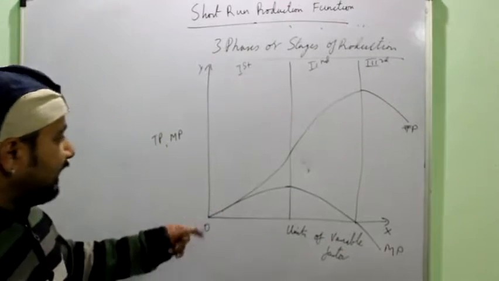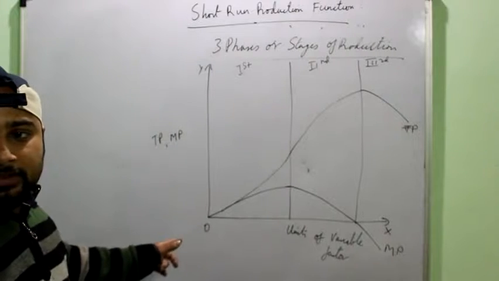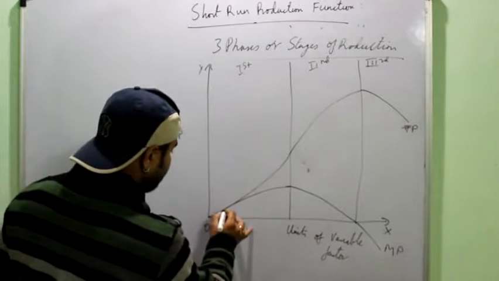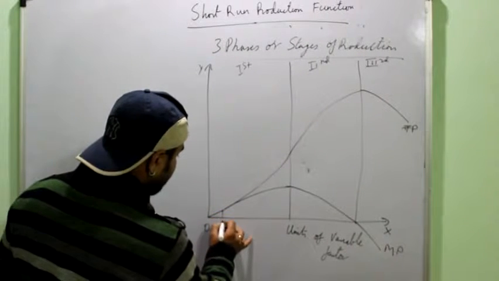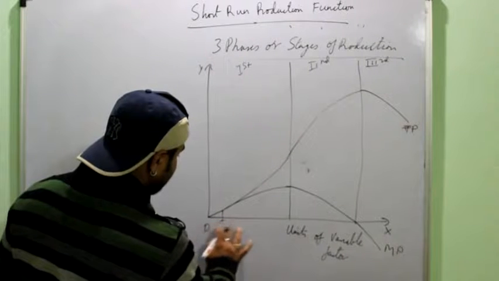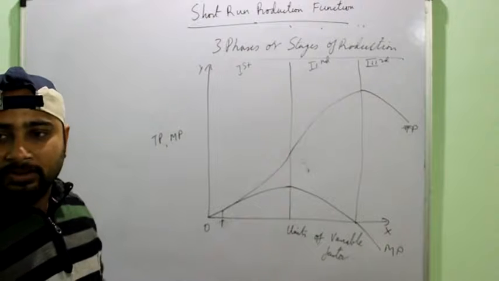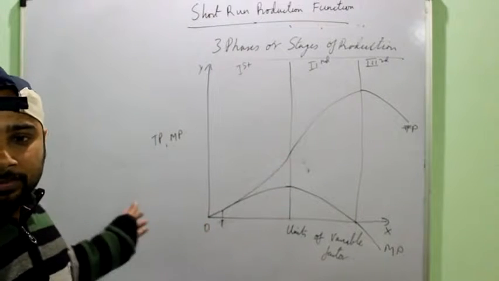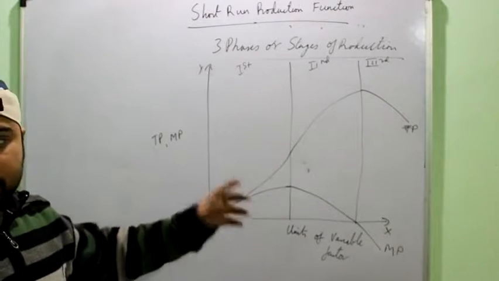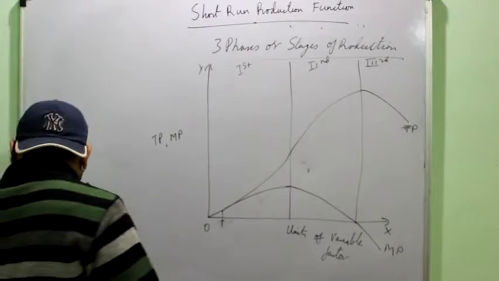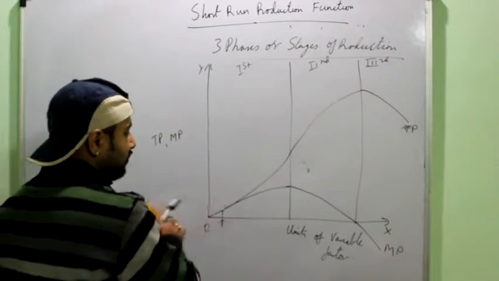This TP and MP are connected because on the first unit of labor, when you employ the first unit of the variable factor, your TP and MP will be equal, right? You can see the numerical also. When you employ the first labor, MP is also 10 and TP is also 10.